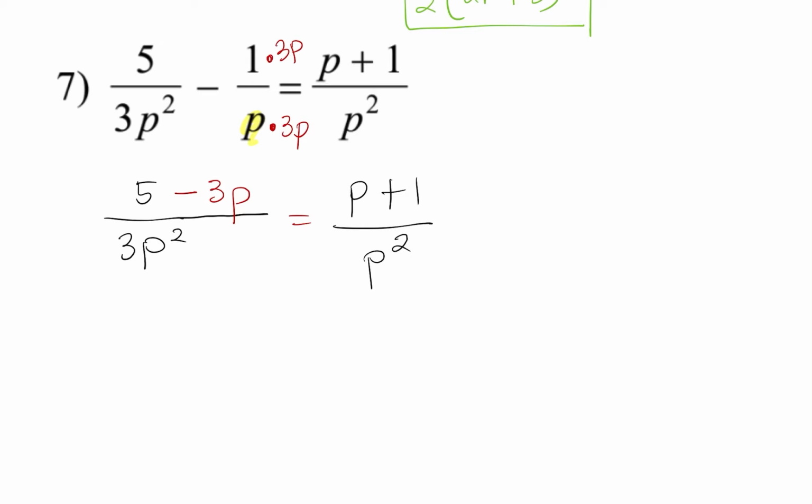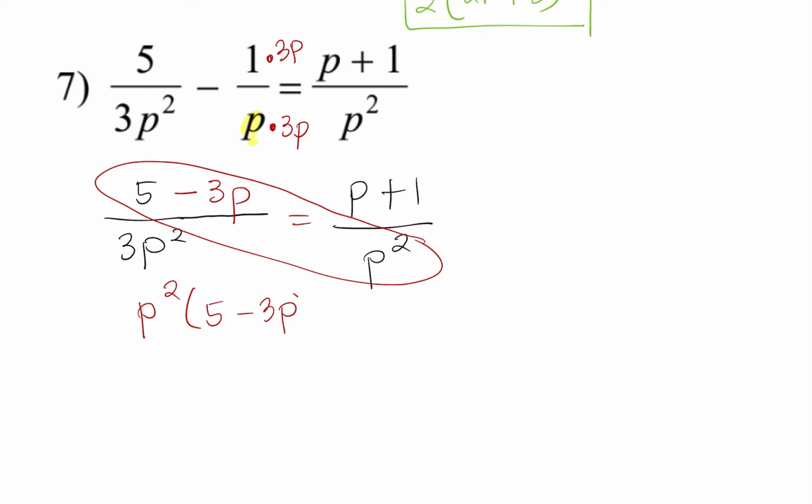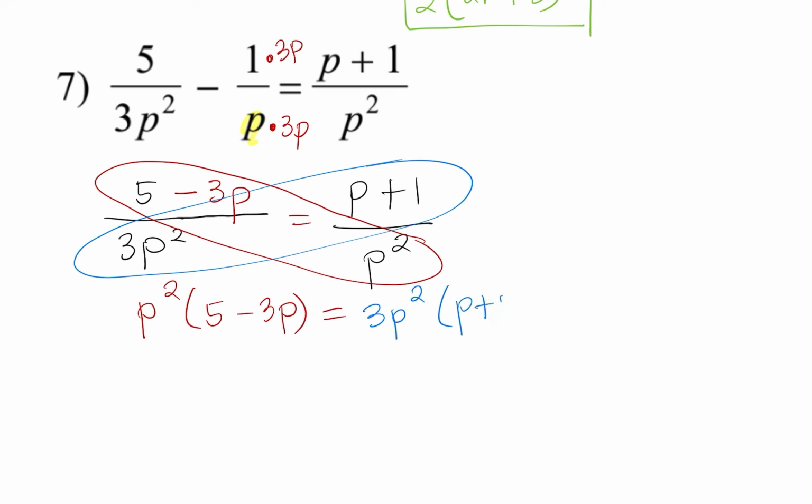Now, because we have a ratio, fraction on the left side and a fraction on the right, I would like to cross multiply these two. So p squared times 5 minus 3p equals, we'll also cross multiply this, 3p squared times p plus 1.